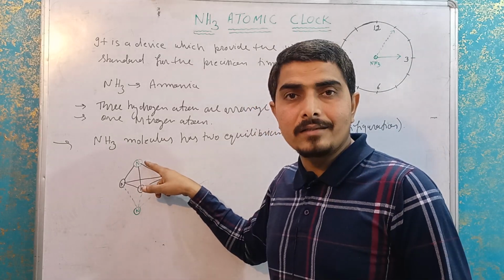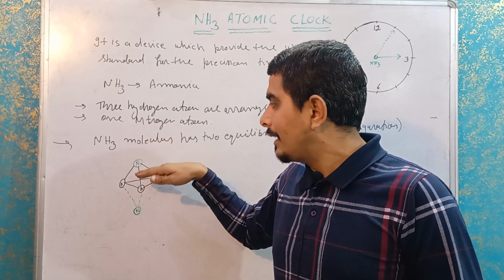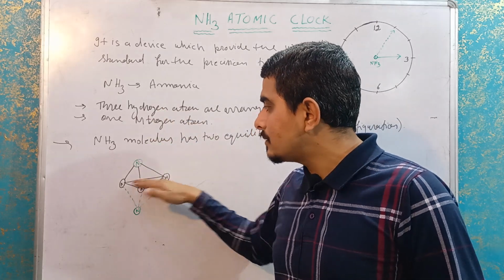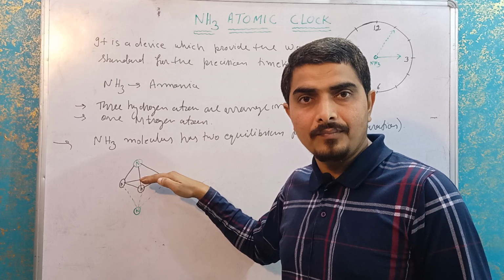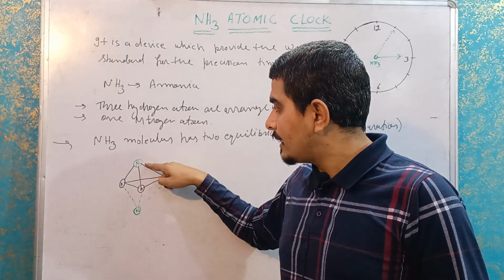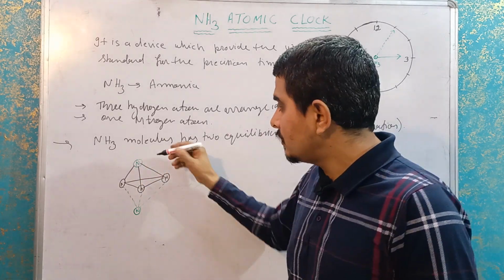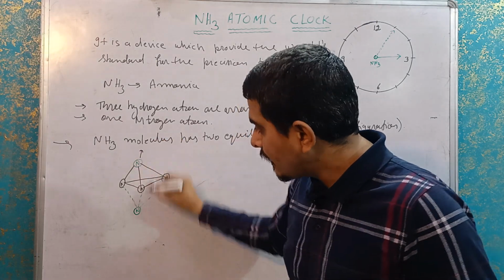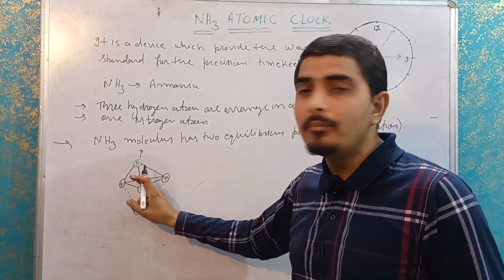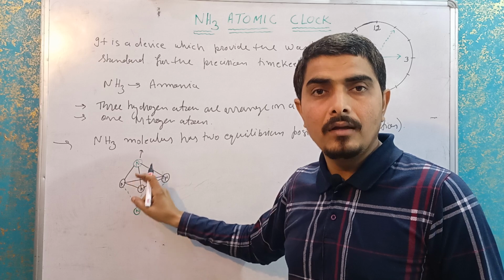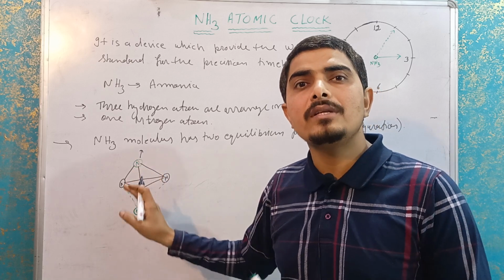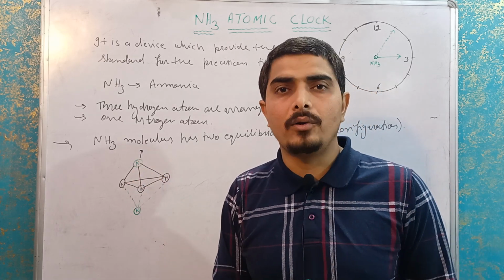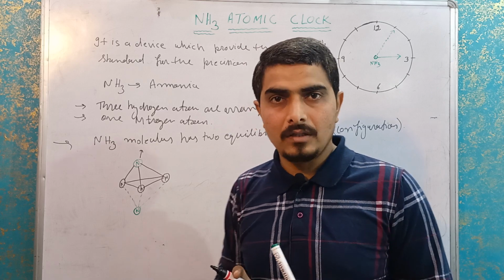The nitrogen atom oscillates above and below the central plane of the hydrogen atoms. The nitrogen atom moves upward and downward about the central plane of the hydrogen atoms. This nitrogen atom is equidistant from each of the hydrogen atoms.